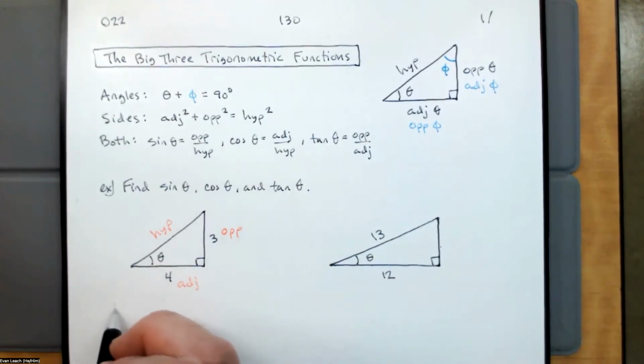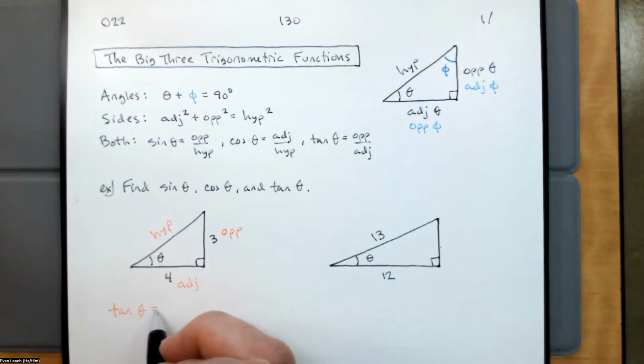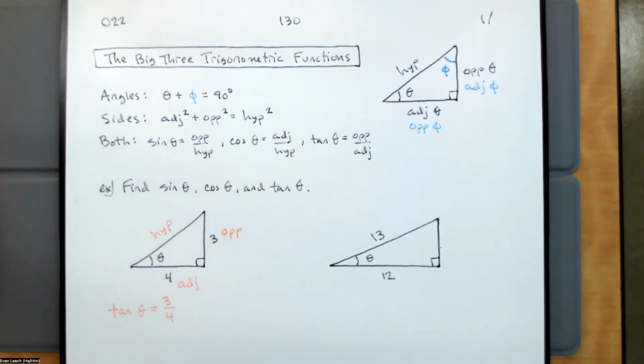So right off the bat, I can say tangent of theta is 3/4. Later on, we're going to have to figure out how we can use this to figure out what the angle theta is. But for right now, tangent of theta is 3/4.